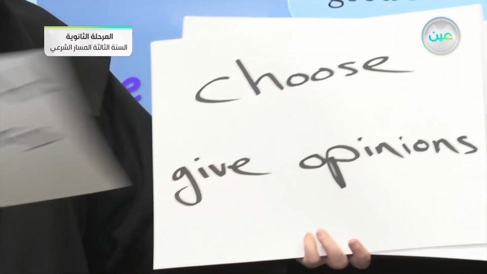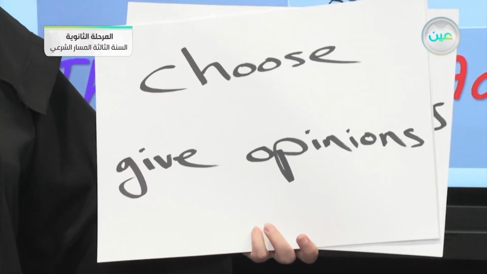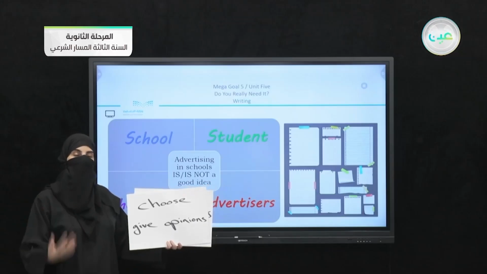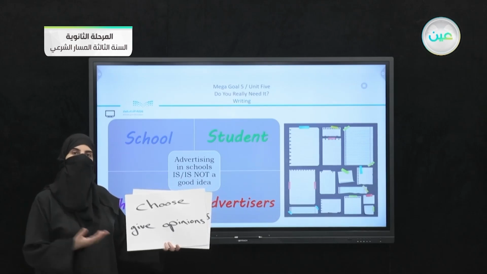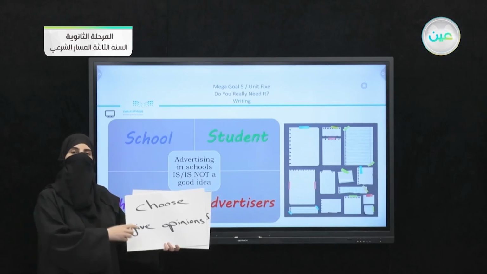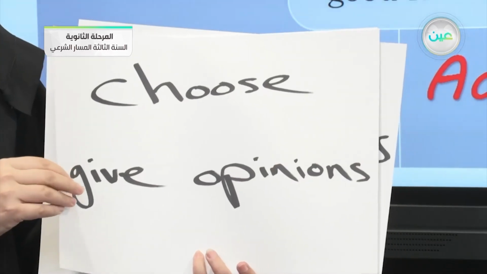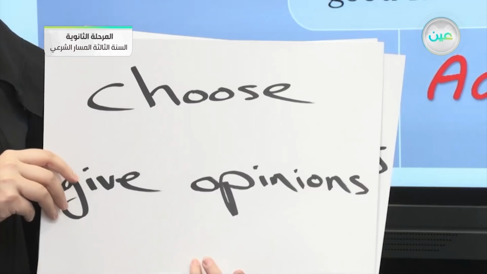Also, I can connect with giving and choosing. When they are advertised, the students will give their opinions about these advertisements, and at the same time they will be able to choose, which of course affects the advertisers. Now, I have connected the student and the advertisers.